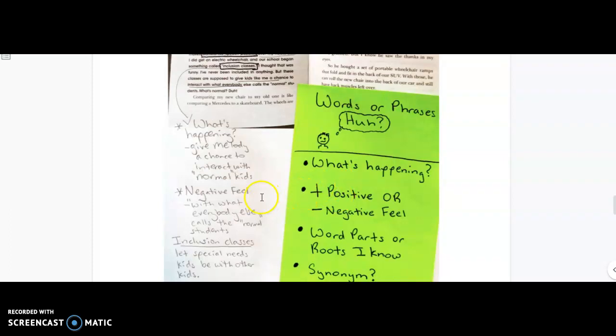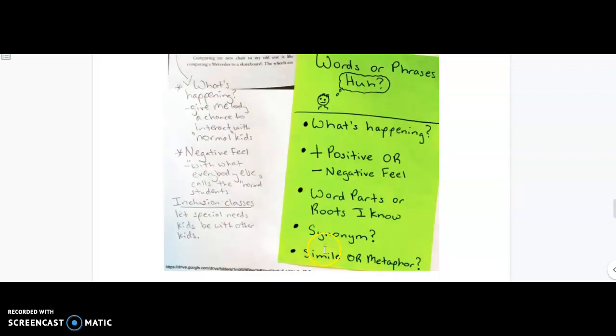I'm also thinking about a part of inclusion, the word included. That's helping me understand what inclusion could mean. So from all of this, I'm asking myself what's happening. Is this a positive or negative feeling? Are there parts of the word inclusion that I know?